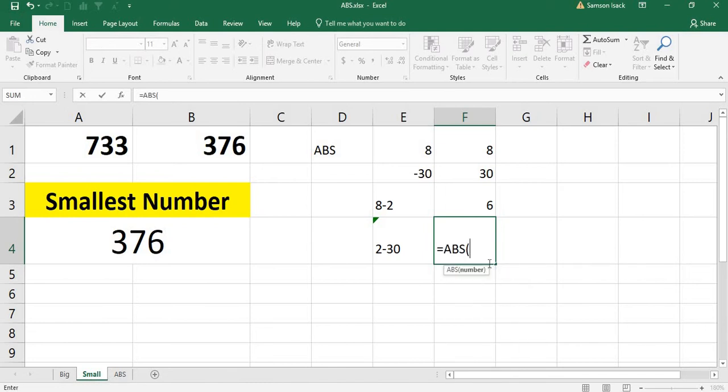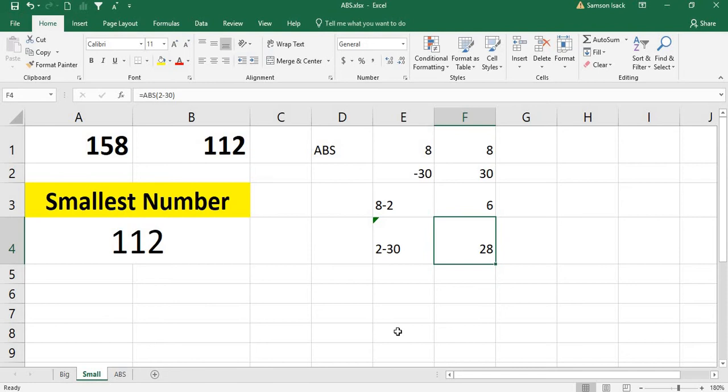ABS of 2 minus 30, you can see it is 28. It's positive 28, not negative 28. So it is the sign remover function, the absolute function. It helps us to remove the sign. But why do you want to remove the sign?